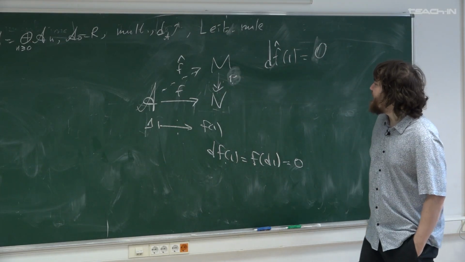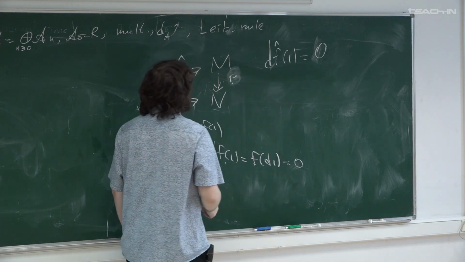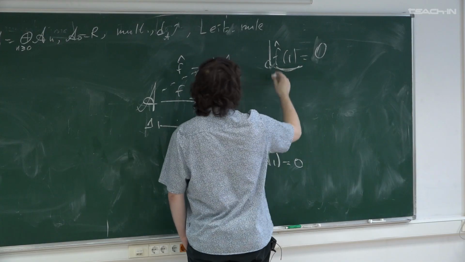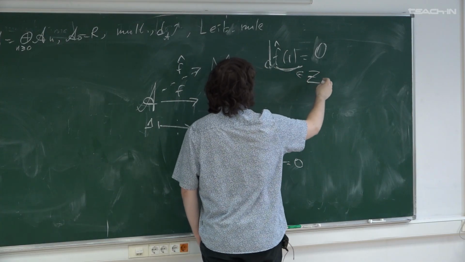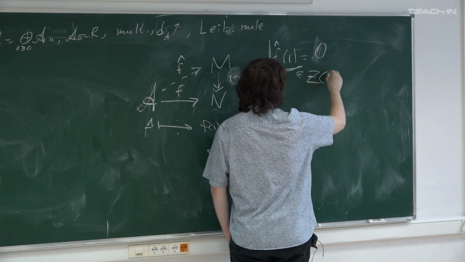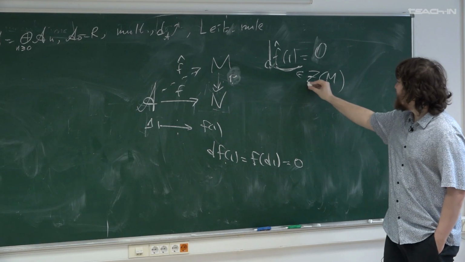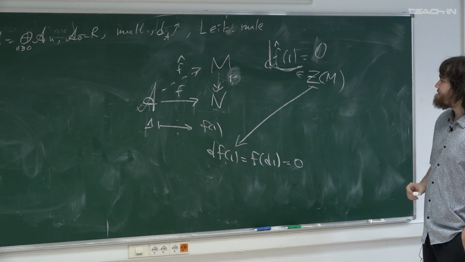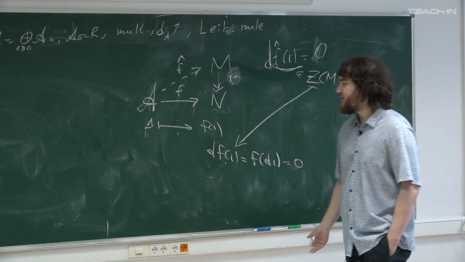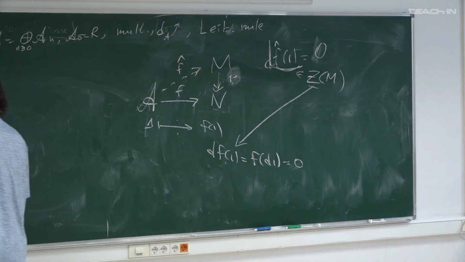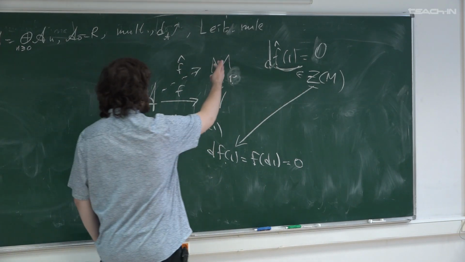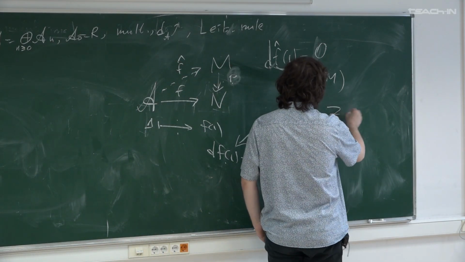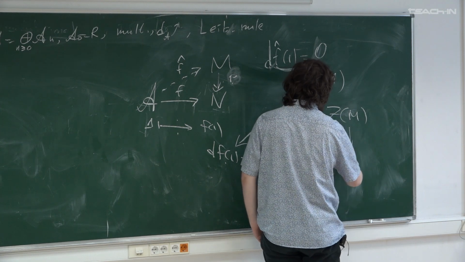So I need to choose some element from M, some cocycle, in the cocycles of M, which goes to my cocycle f of unit. This can't always be done, because I know my map is surjective, but here I need the corresponding map on cocycles to also be surjective.